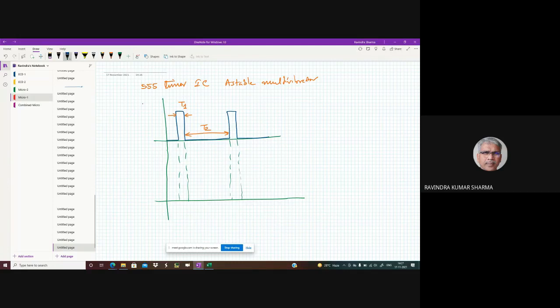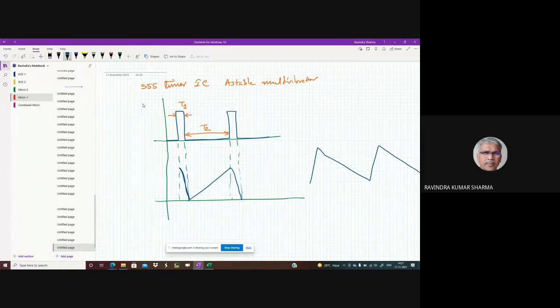The triangular wave that we will have will be something like this. Right? And if I make T1 larger than T2, then this triangular wave will have a shape which is something like this.